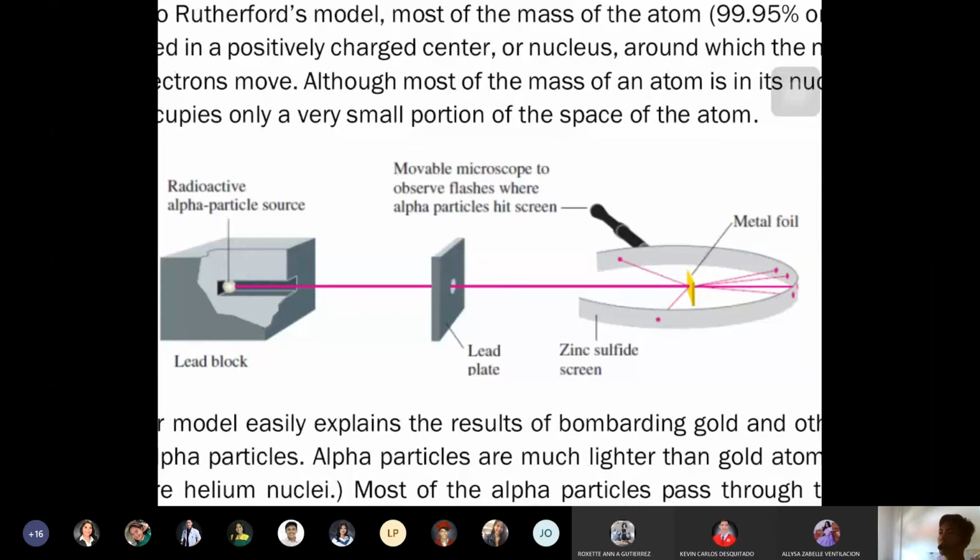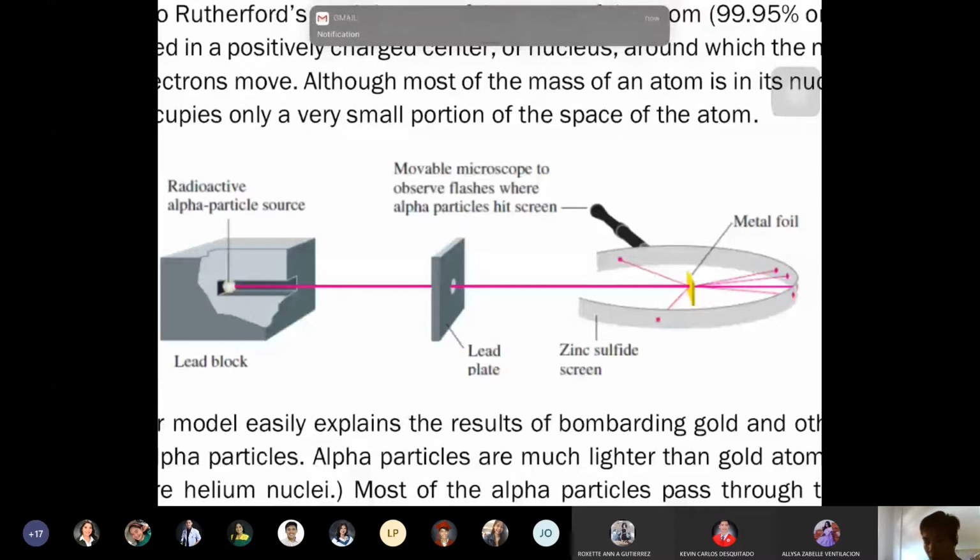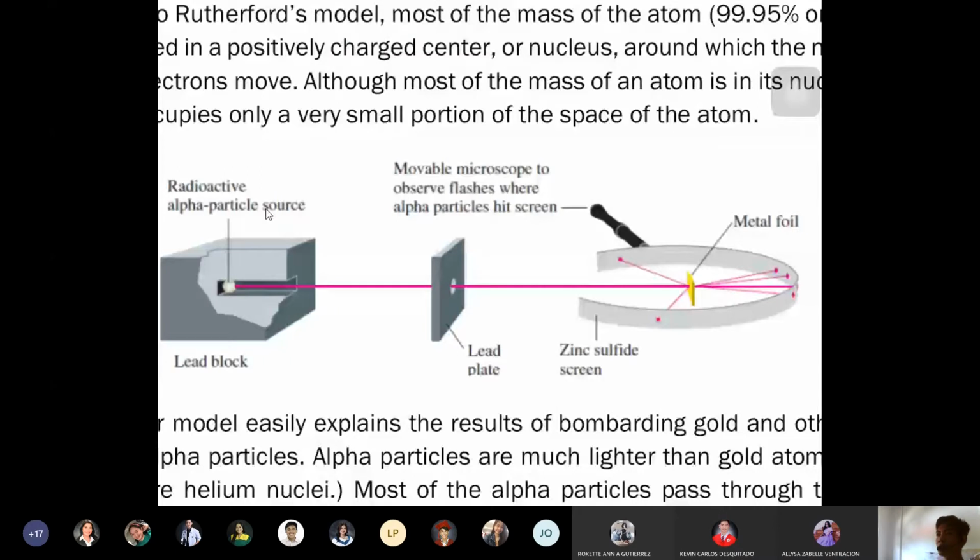So it has a coating of lead in order to protect the other areas from the toxic, dangerous radioactive particles. And what they know about the alpha particles is that they are positively charged.